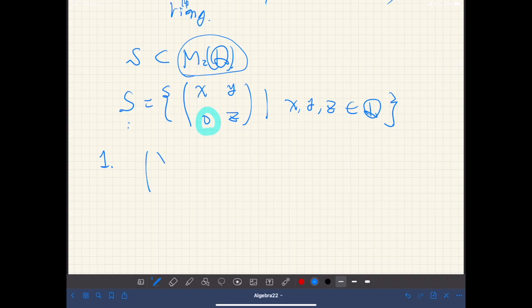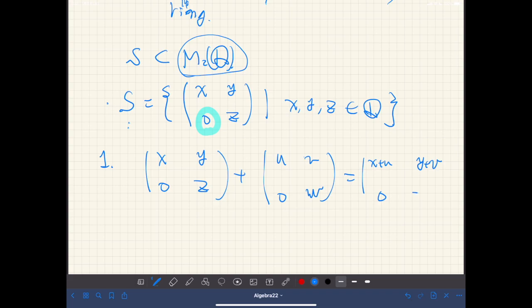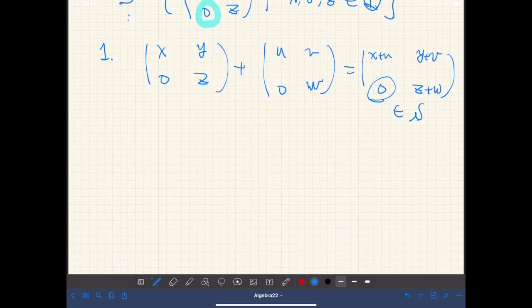Let's say we have X, Y, 0, Z, which is one matrix element of S, and another matrix, maybe U, V, 0, W. If you add these, we have X plus U, Y plus V, 0, and Z plus W, which is an element of S, obviously, because this element is 0. So the first condition is met.